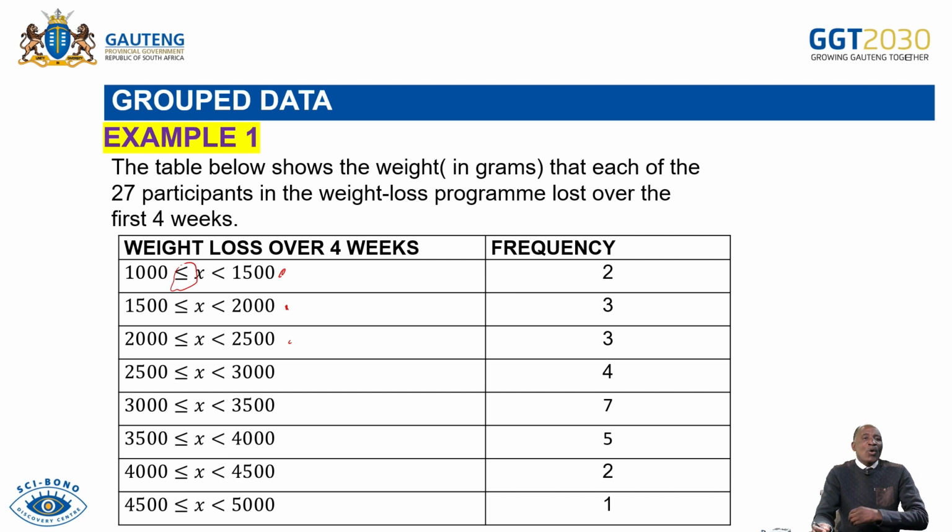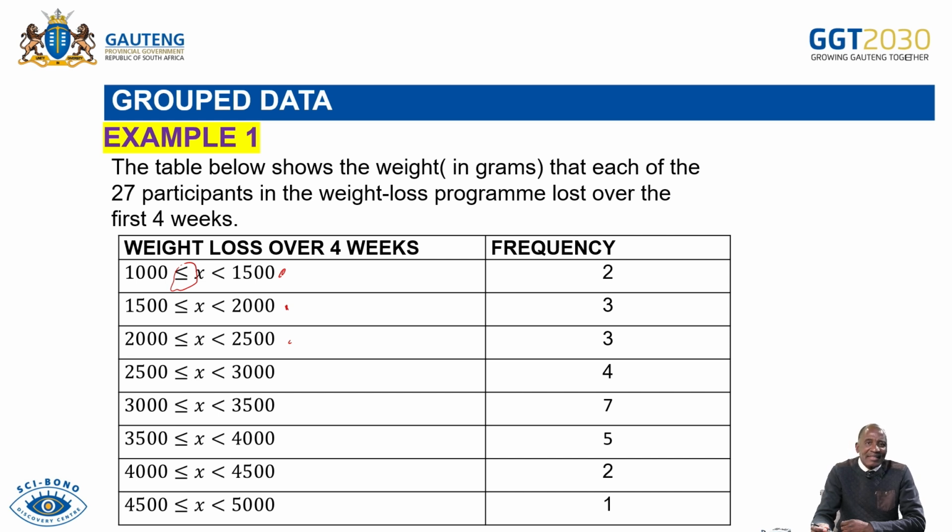Right. So we have here a total of 1, 2, 3, 4, 5, 6, 7, 8 classes. In the first class, the frequency was 2. In other words, of those 27 participants, 2 fell in the first class. In other words, they lost between 1,000 inclusively to less than 1,500.